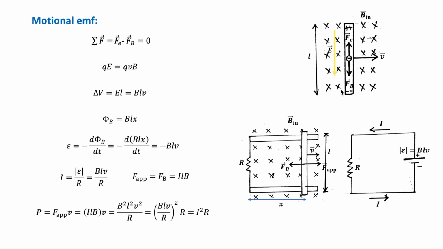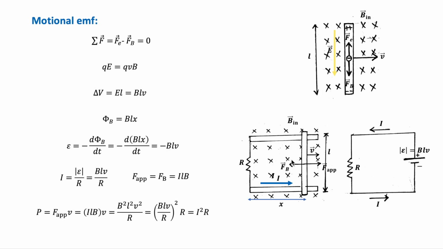And so as long as the conductor is moving in the magnetic field, a potential difference is maintained in the conductor. So if the moving conductor is part of a closed circuit, as in this figure, and the bar slides along two frictionless conductors, and let's assume that the bar has 0 resistance, and that the resistance of the circuit is R, and that a uniform magnetic field B is applied perpendicular to the plane of the circuit directed into the page.